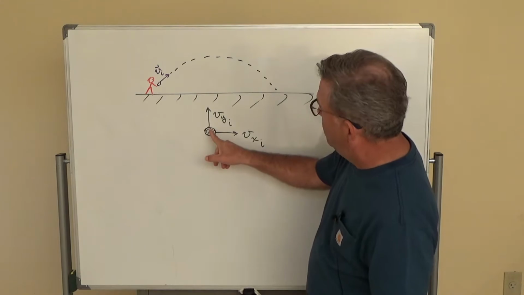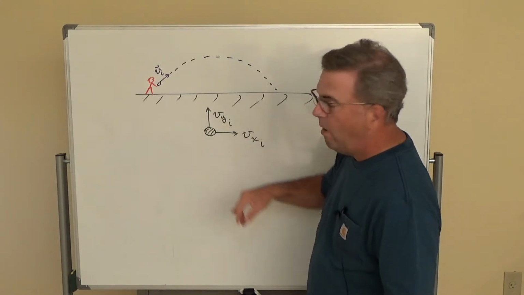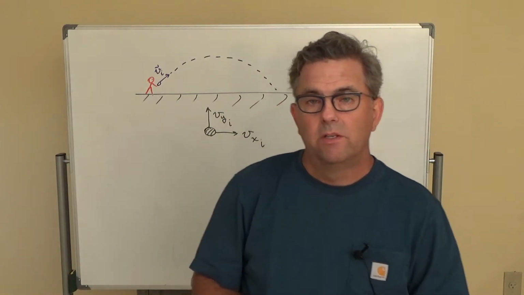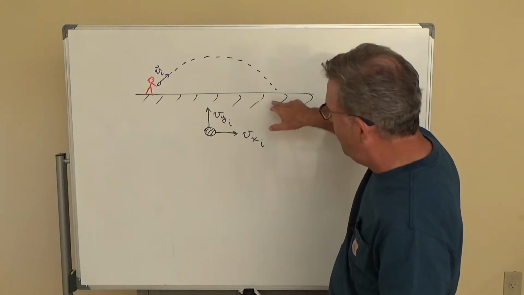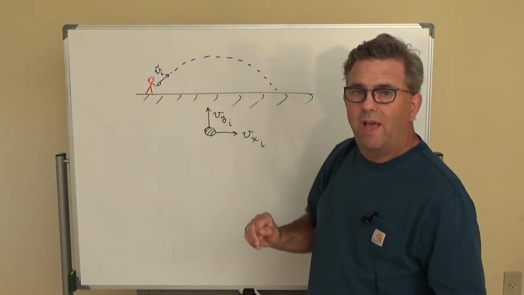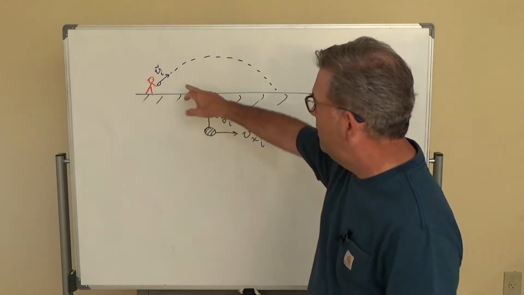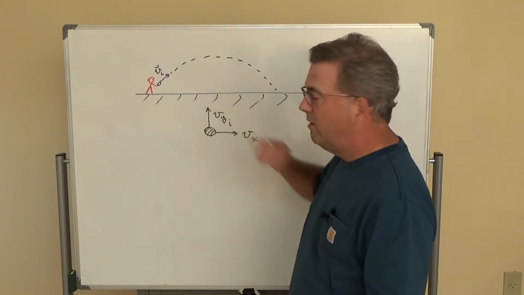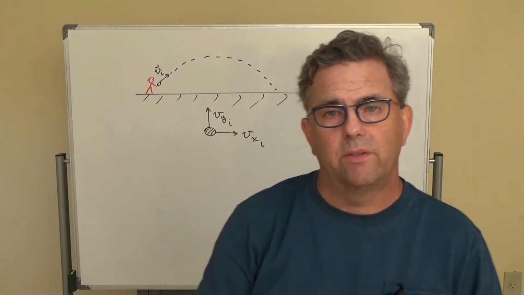It's experiencing an acceleration due to gravity along the y direction. So what happens in the y direction? It goes up, but it comes back down. Nothing happens in the x direction. It follows that initial velocity in the x direction along the entire path. Its final velocity in the x direction is the same as it started out with.